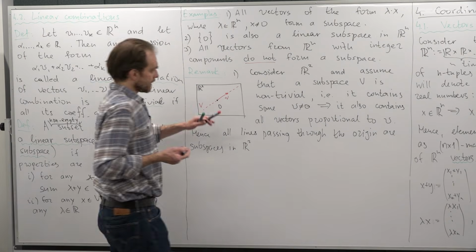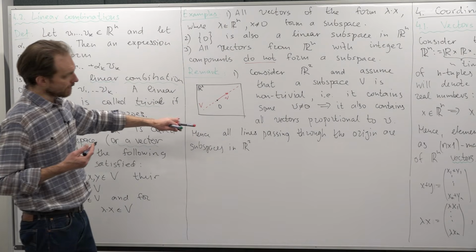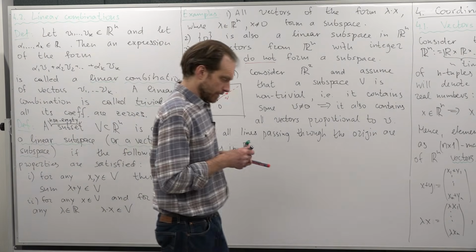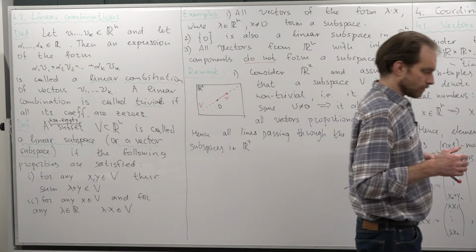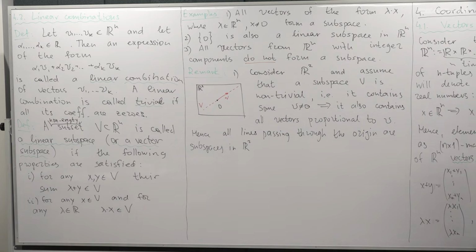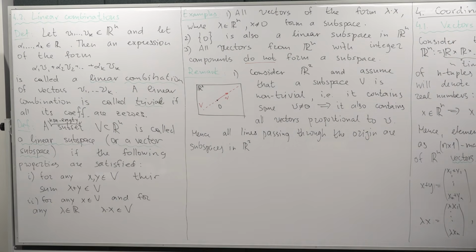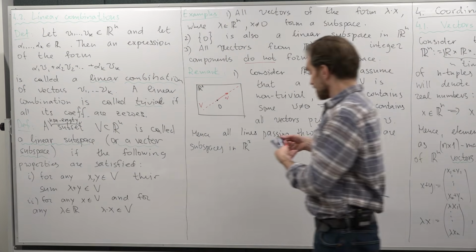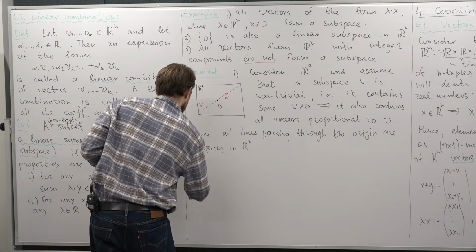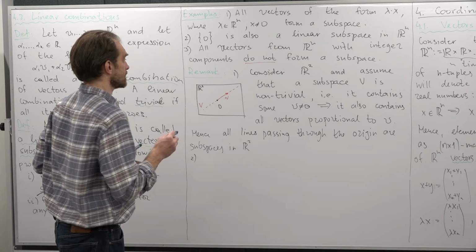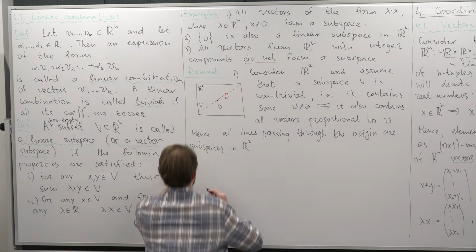So if we assume that there is some other vector in this subspace, then it is possible to prove that this subspace coincides with the whole plane. So we will discuss this a bit later. But anyway, all the lines form linear subspaces. And now let us briefly consider the case when n equals 3.